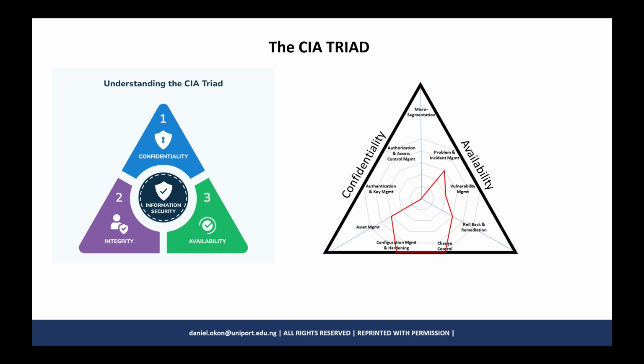This other diagram shows the same thing, but inside it I put micro-segmentation, authentication, and change control. In exams, I may ask you to give me the 3 main parts of the CIA triad. Some of you feel you know more than everyone else. If I say list the 3 operators of the CIA triad, instead of simply listing them, you may start explaining all this grammar.